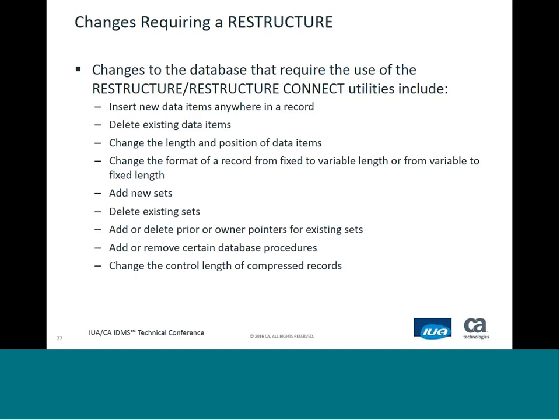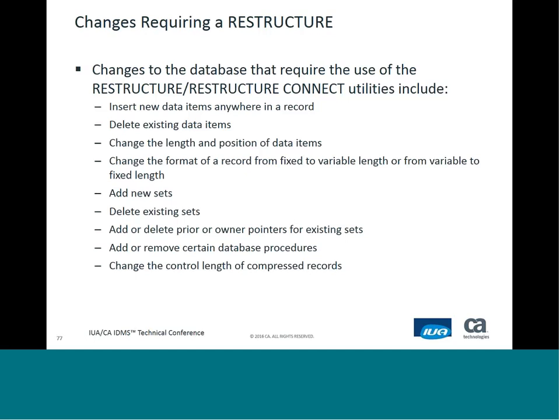You can also move an element around within a record for some reason. That means that, let's say, the element is at the end of the record, and for some reason you may want to change it to reside earlier within the record. One of the reasons you might want to do this is there's something called a control length within the database. A control length is a portion of a record that cannot be compressed, and it must be stored with the original root portion of a record when you have a variable length record.